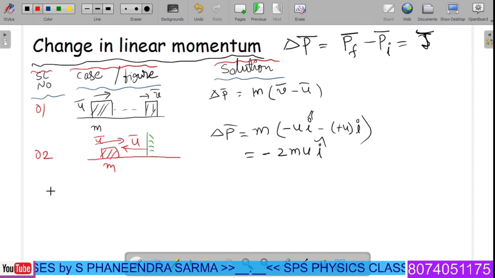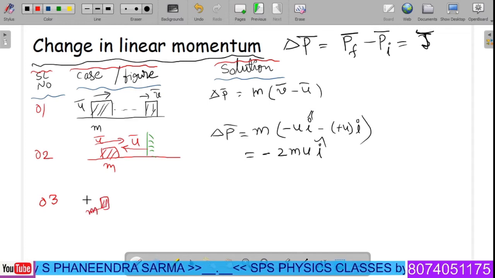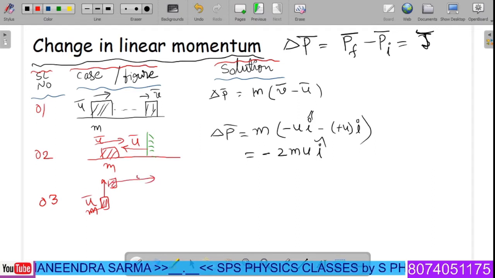Now let us consider the third case. Here is an object of mass m, initially moving with speed u bar in this direction. Because of an external agency, it suddenly changes direction with the same speed u but in this direction. Then how do you calculate the change in linear momentum?